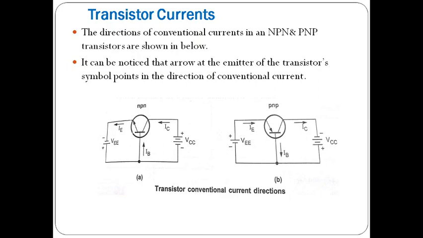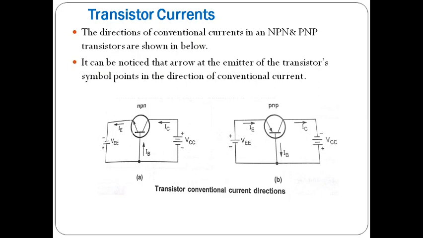So here we know the currents in the transistor are IE emitter current, IB base current, and collector current IC. Yes. So in an NPN transistor, the IE terminal has the arrow pointing out of the transistor, so it represents the NPN transistor. So IE current is going out. We know the sum of the base and collector current is nothing but IE. So IB and IC both are entering into the NPN transistor.